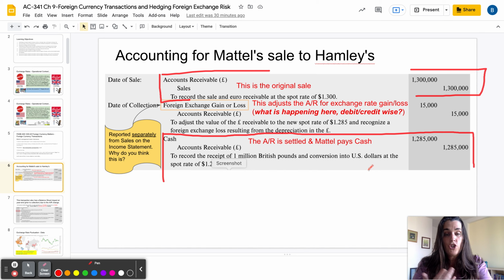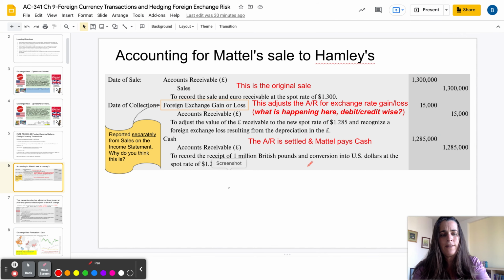They value the cash paid at £1,000,000, but it gets converted into $1,285,000. Here's where Mattel realizes less cash than they originally anticipated on the date of sale. The cash received is $1,285,000, and that's debited. Then the account receivable goes down by that amount.